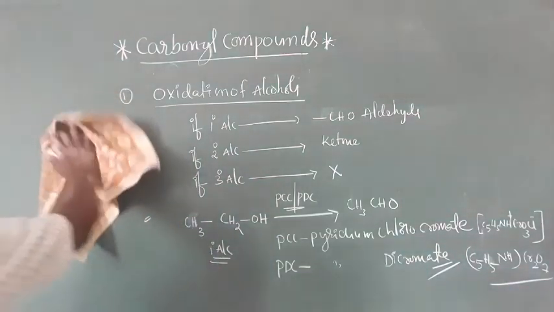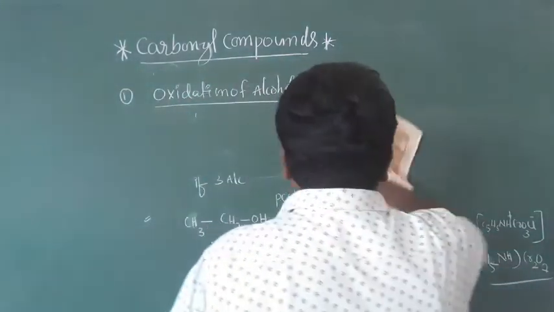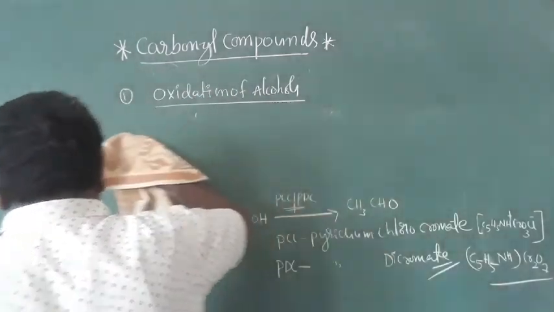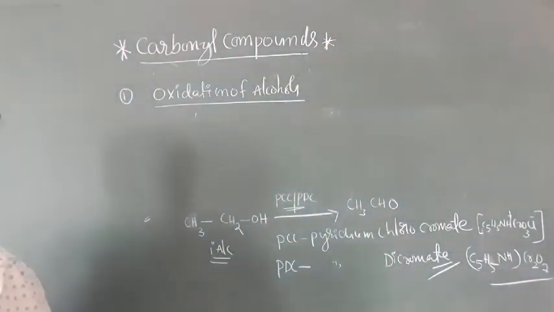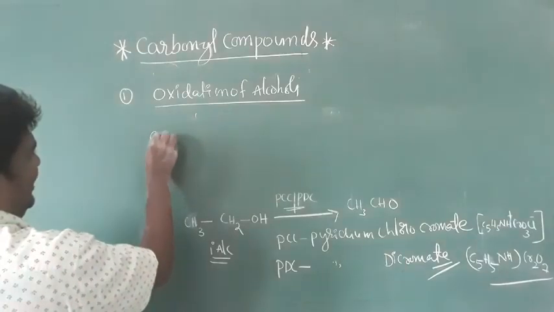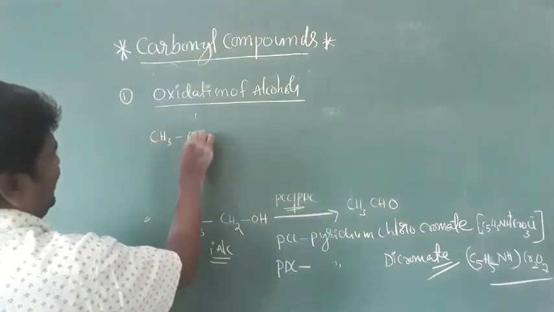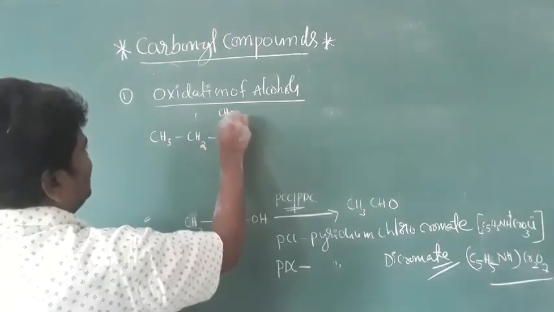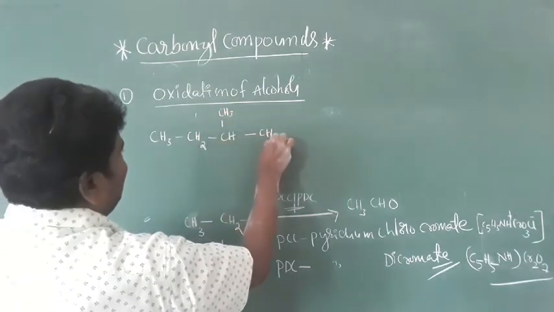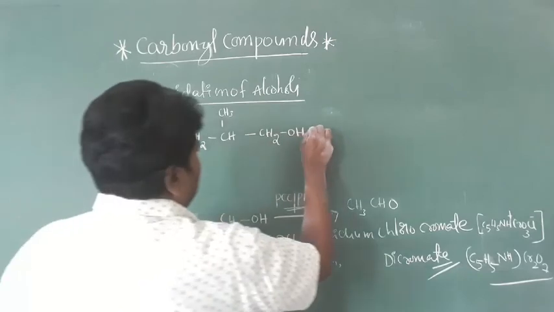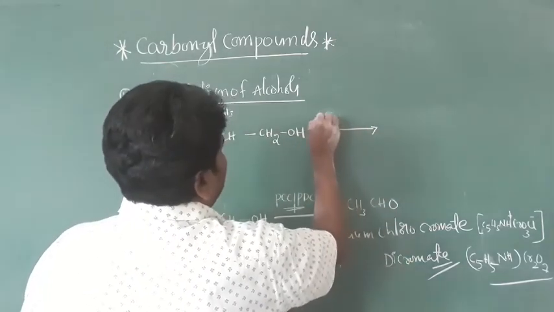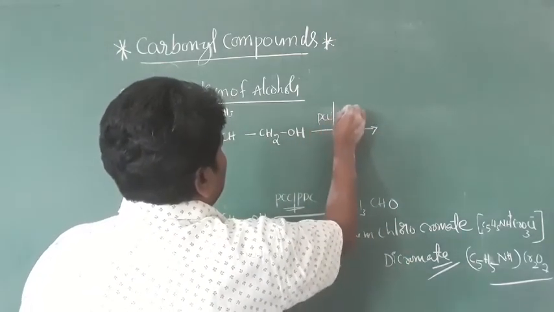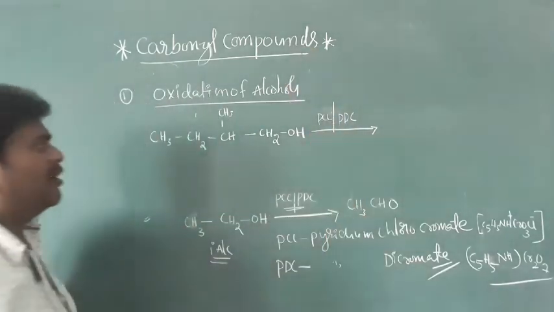I'll give one more example. See all of you, it is CH3CH2CH(CH3)CH2OH in the presence of PCC or PDC.